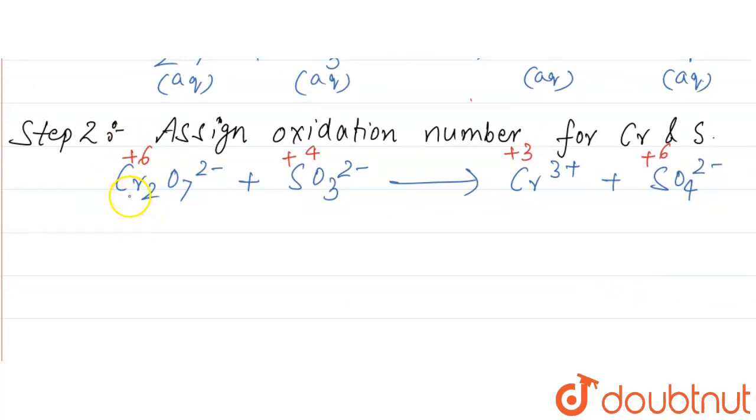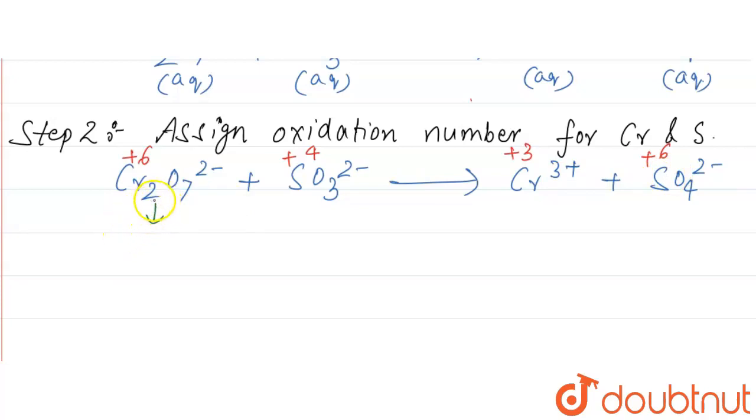After this we have to note what is taking place in chromium and sulfur. Chromium oxidation state goes from +6 to +3, so reduction is taking place in chromium. In SO3 2-, sulfur is +4, and on the product side it is +6, so oxidation is taking place.